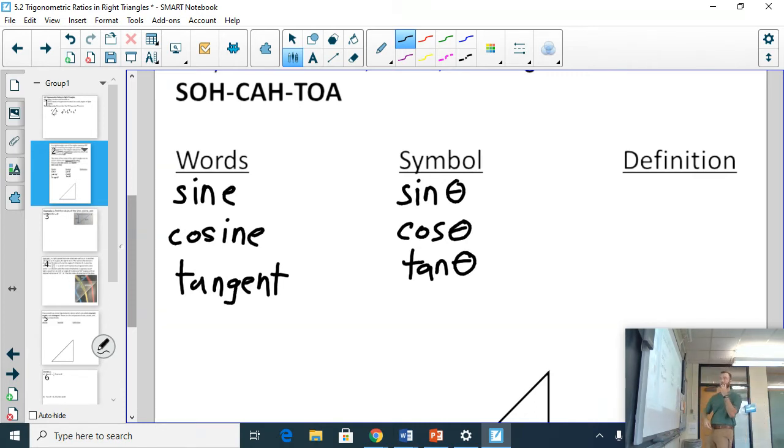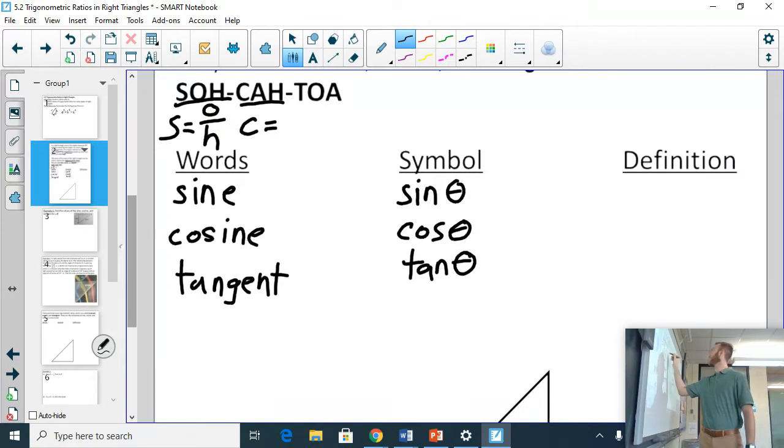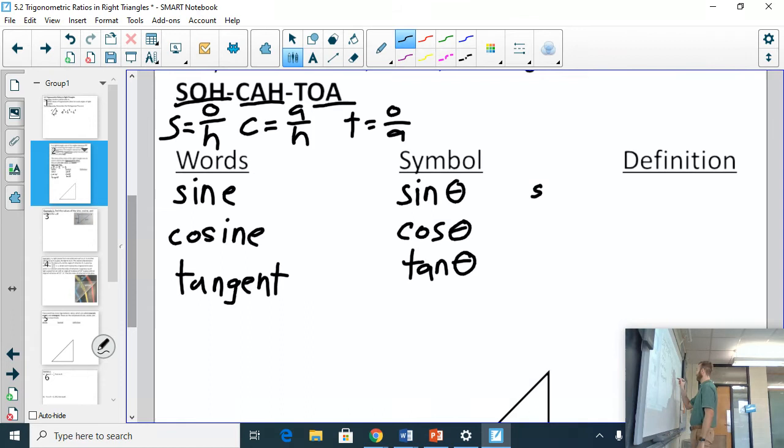And so our definition is coming from SOHCAHTOA. So this means sine equals opposite over hypotenuse. This means cosine equals adjacent over hypotenuse. And this means tangent equals opposite over adjacent. And I'll write that out over here. So sine theta equals opposite over hypotenuse.